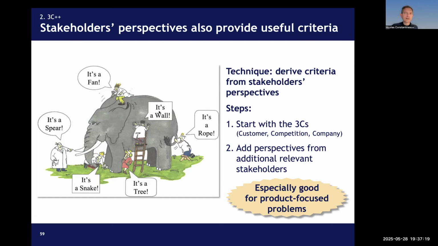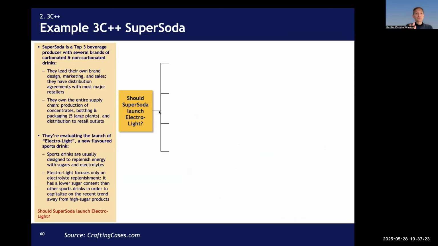So I'll give you an example. Let's say that we have a company that is in the drinks business, and they want to enter a market that's new for them, which is sports drinks. But they want to do it in a different way than the way that existing players do it. A typical sports drink does 2 things.